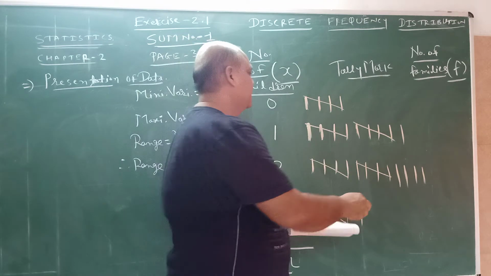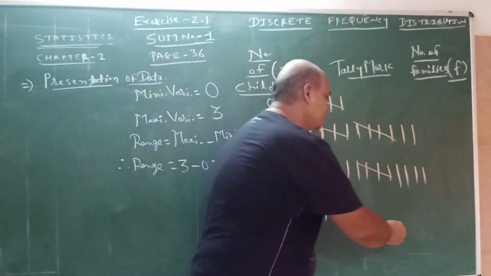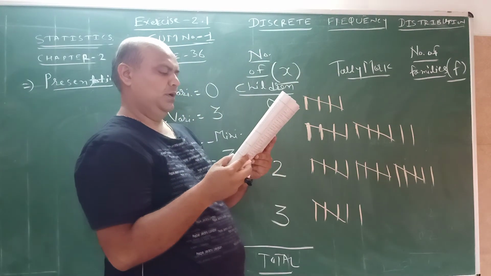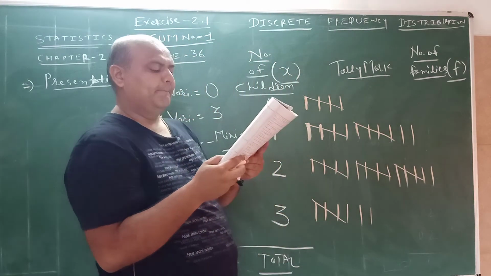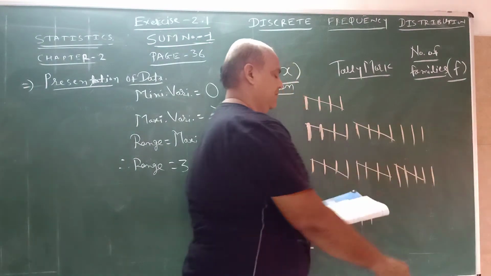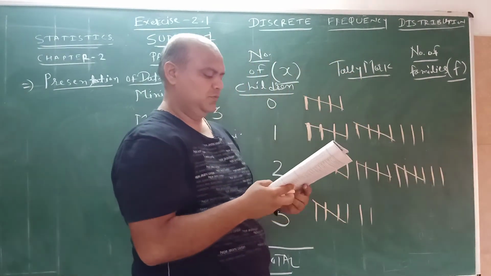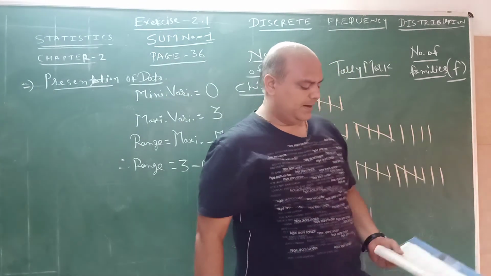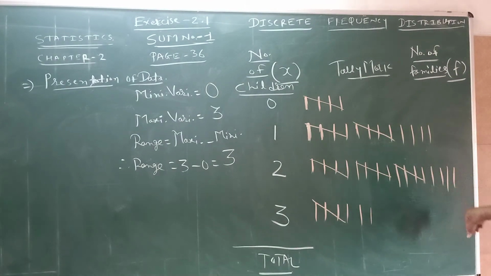Then 1. 2 times 2, 1 and 2. Then 3. After that 1. Again 2, 1, and 2 times 2: 2 and 2.